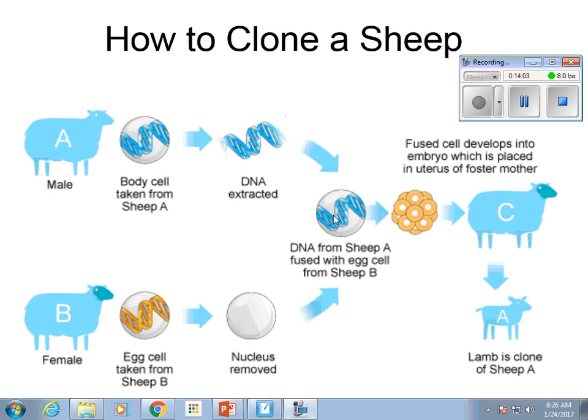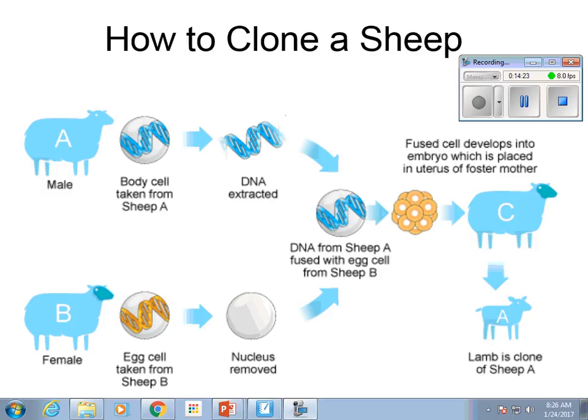That egg, once it had the DNA in there, was then stimulated to start dividing into an embryo. Once the embryo was big enough, they inserted it into the uterus of another sheep.